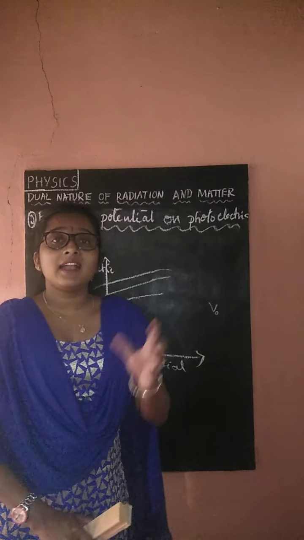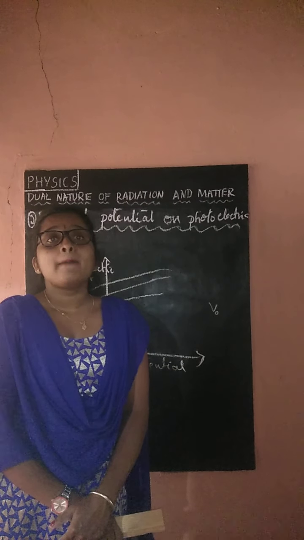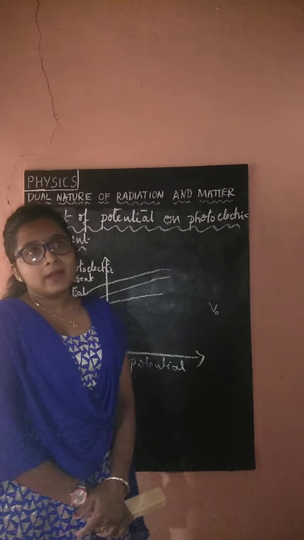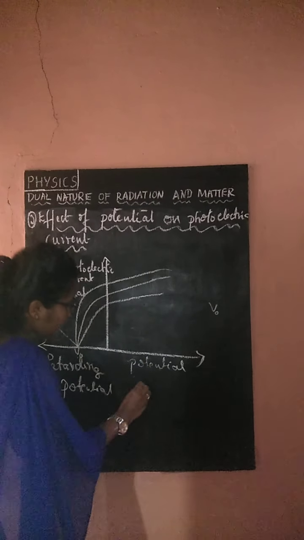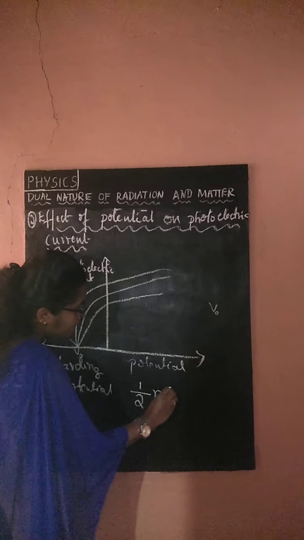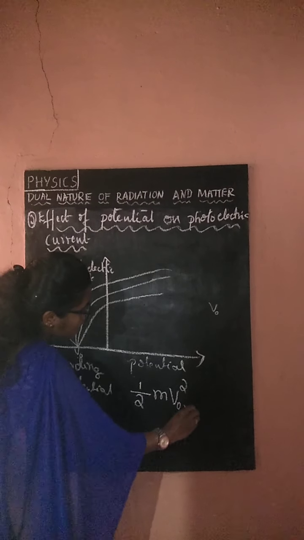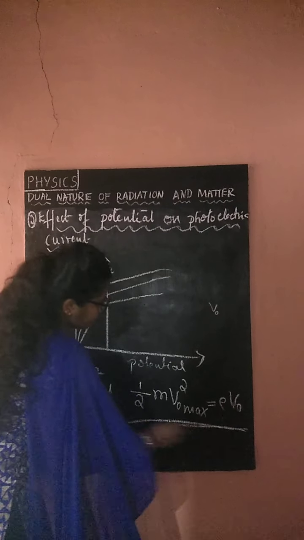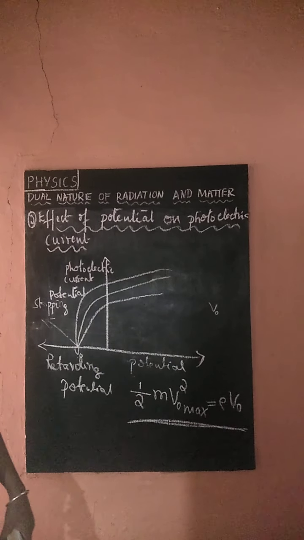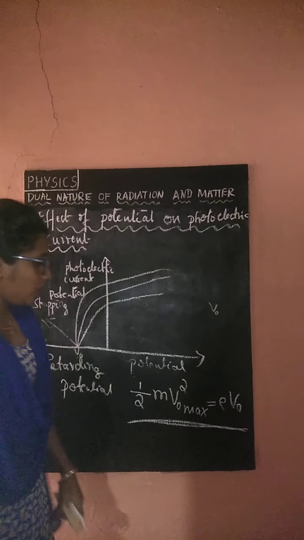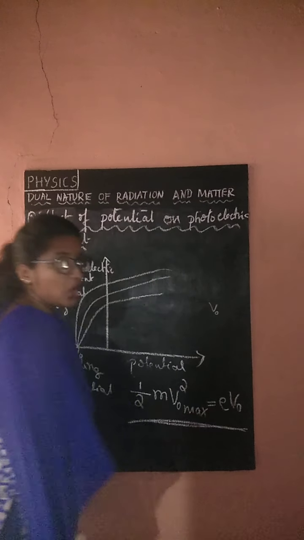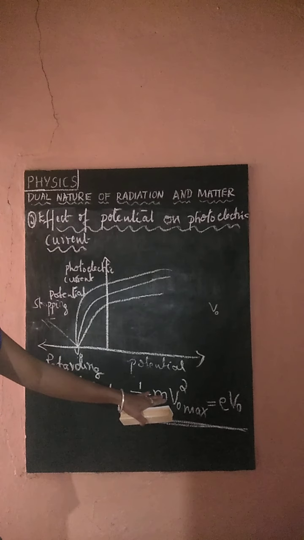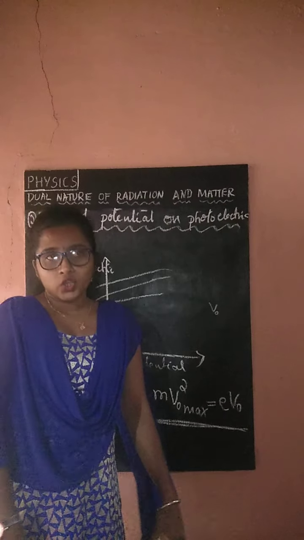It is at that point that the electrons have the maximum kinetic energy for emission. So half m v naught square maximum is equal to e V naught. That is, half m v naught square maximum equals e V naught.